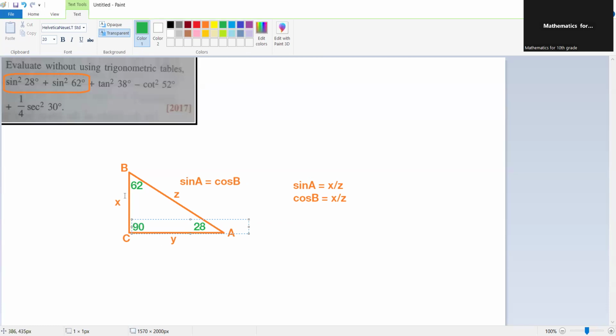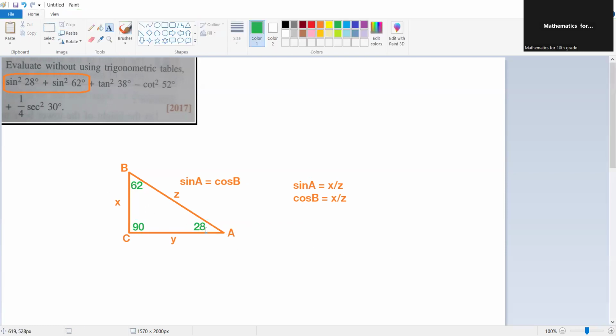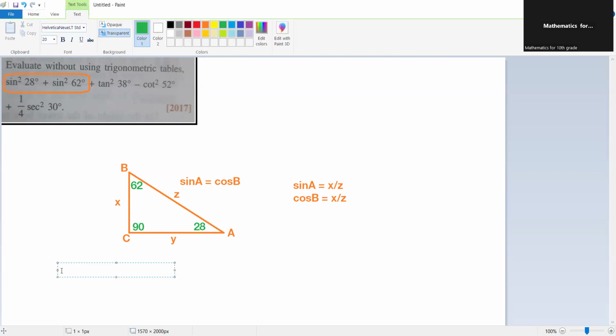So the other two angles add up to 90. So 62 plus 28 is 90, which means sine 28 degrees is equal to cos 62 degrees.